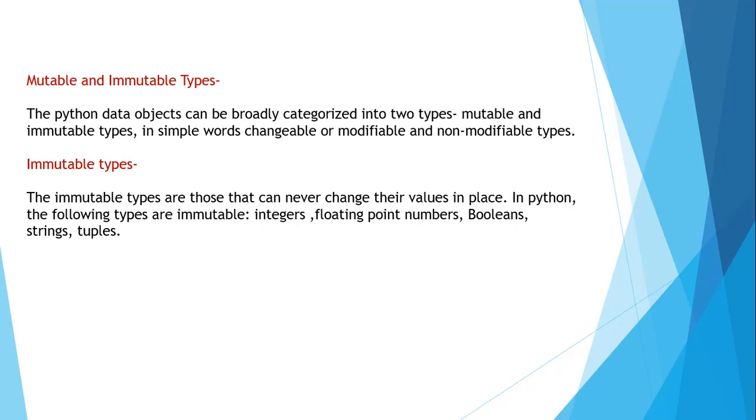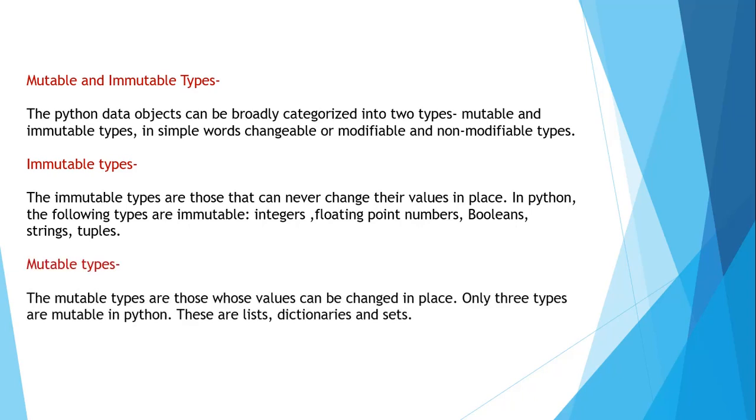In Python, the following types are immutable: integers, floating point numbers, booleans, strings, and tuples. And mutable types are those whose values can be changed in place, and only three data types are there in the mutable types: lists, dictionaries, and sets. So there are only two classifications for the data types.